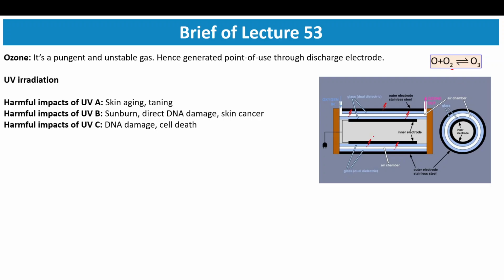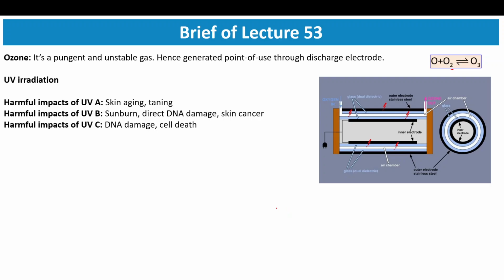So this is the generator for ozone, and it is usually used similar to sonolysis. This ozone is also generated very near to your water disinfection unit, but it's very less common as compared to chlorine.